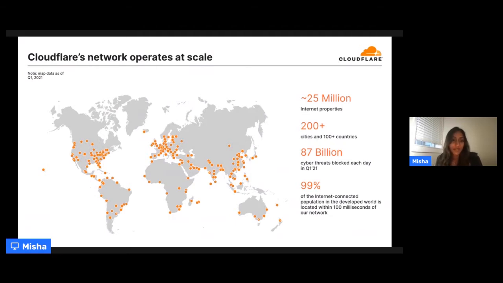We operate in 200 cities and in 100 plus countries. Every single day we have 87 billion cyber threats that are blocked, and we have over 2,000 employees all over the world, and 99% of the internet connected population in the developed world is located within 100 milliseconds of our network. So hopefully as more of the world gets connected to the internet, we can be closer to serve them.